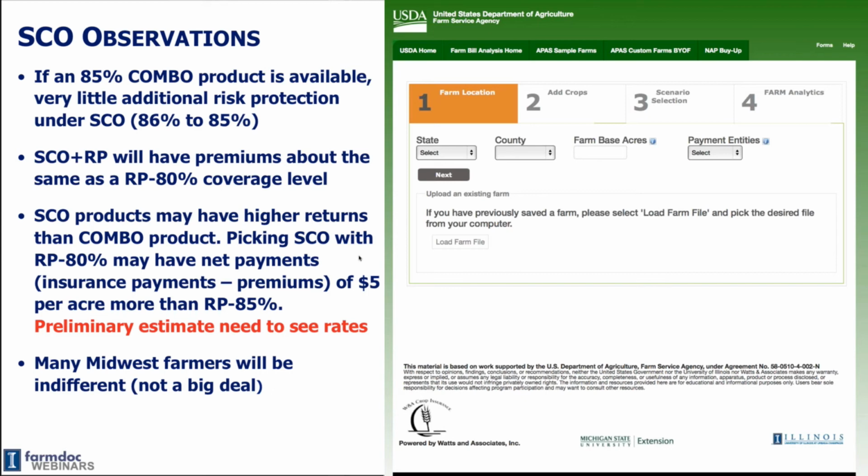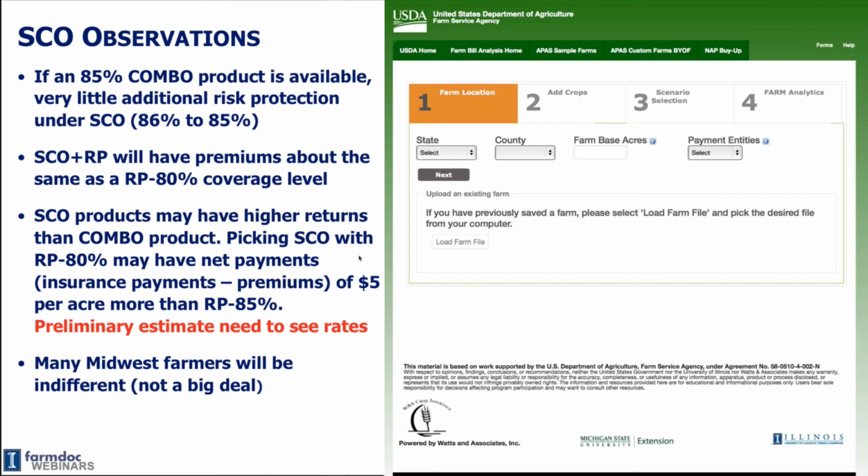In southern Illinois, it's not as close, but it's usually close to 80%. The point here is that if you're looking at this as a way of buying a 70% RP policy, cheapening up the RP premium and getting some additional protection there with SCO, it's still going to be in that RP 80% coverage level.